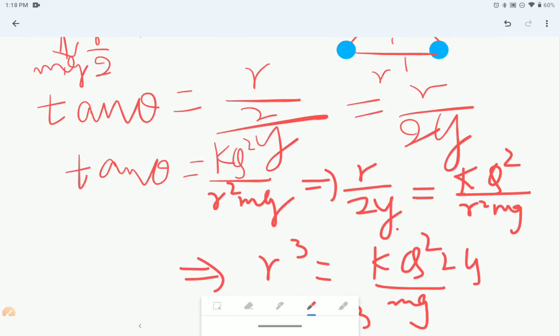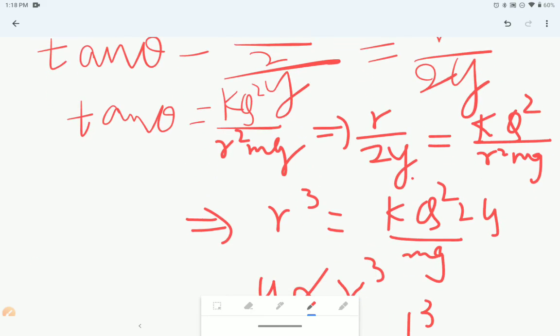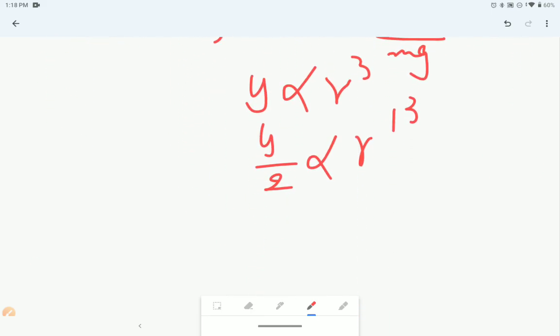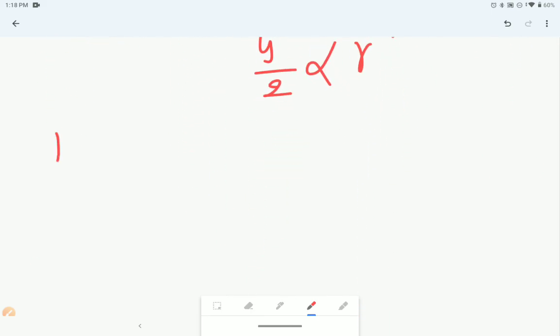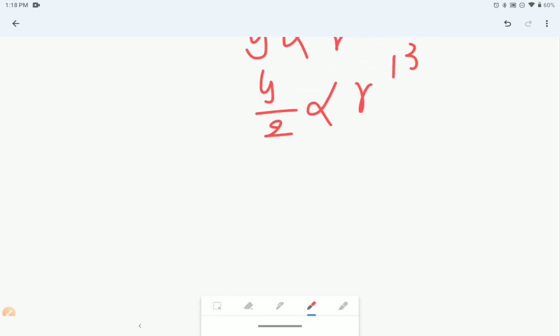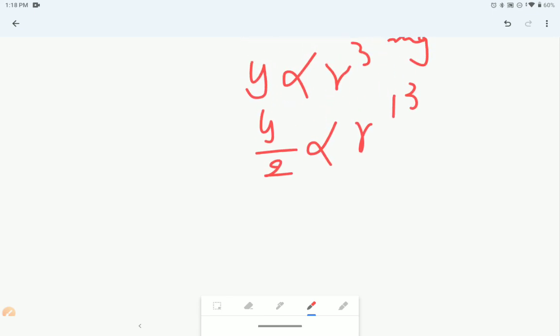So we suppose that as r dash. Since y is directly proportional to r cube, r dash cube is directly proportional to r cube upon 2.